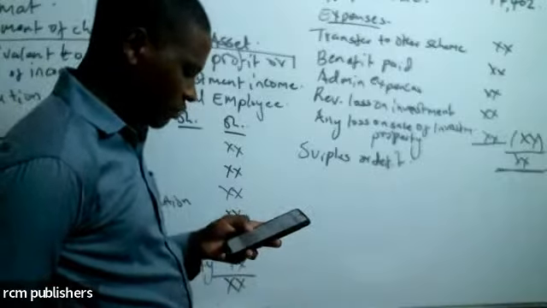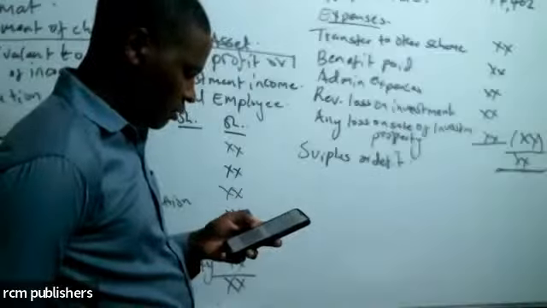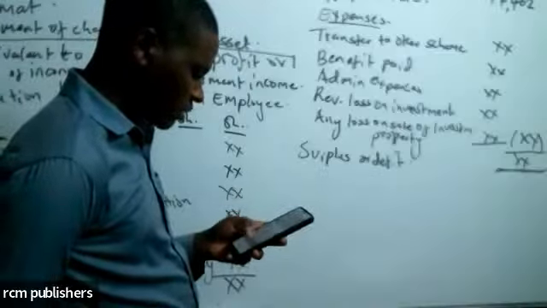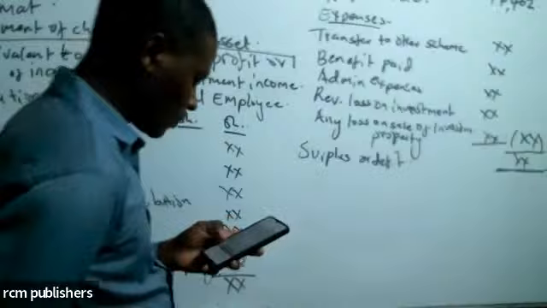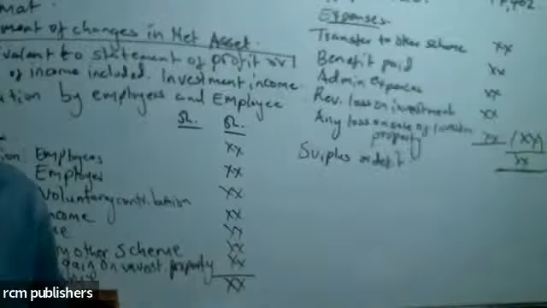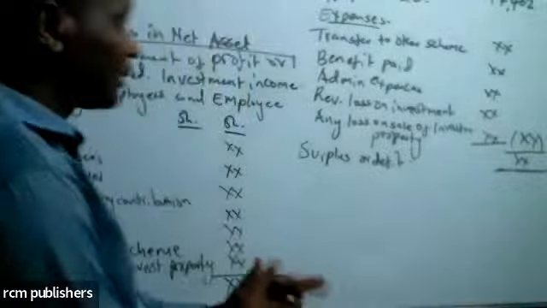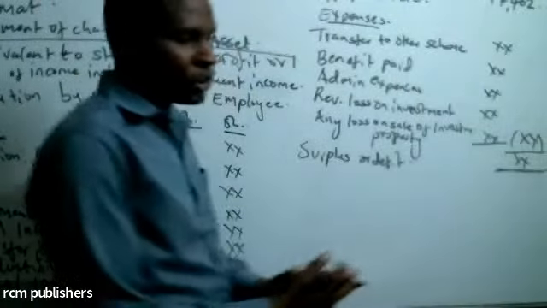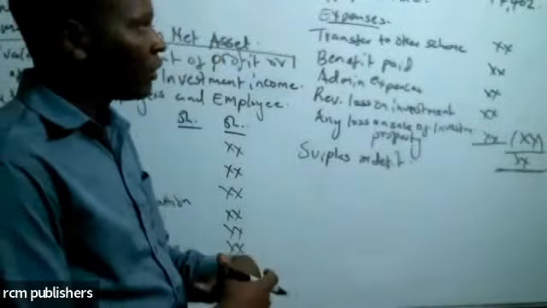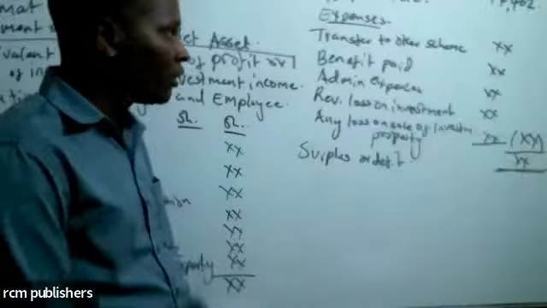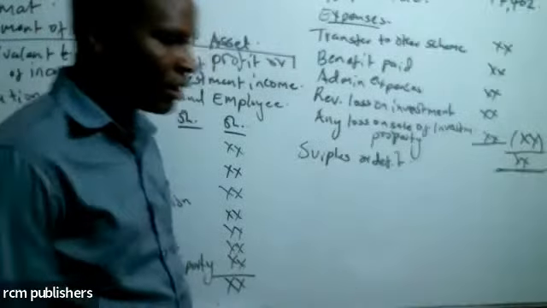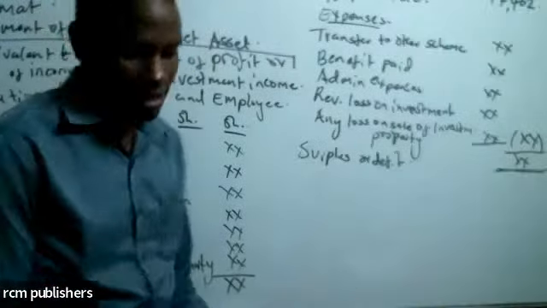What about the statement of net assets? Let us look at the statement of net assets format, and then we shall do an illustration in our next class as we wrap up this unit.